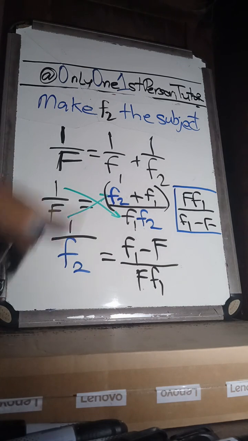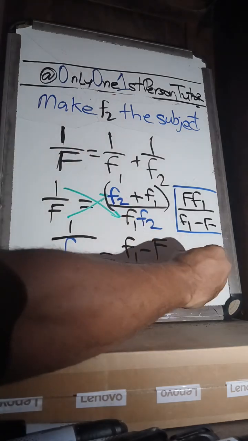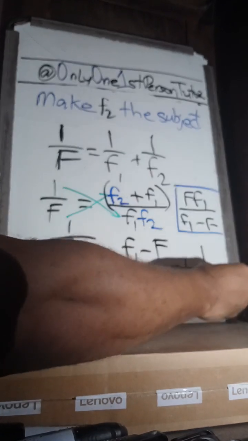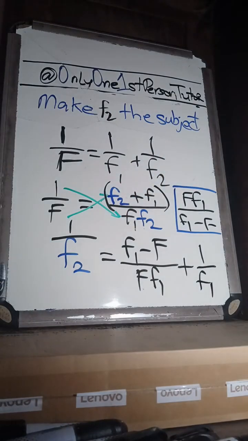Now if you're adding this to 1 over F1, what would happen? Multiply both of them by capital F. Yep, it worked. It worked.